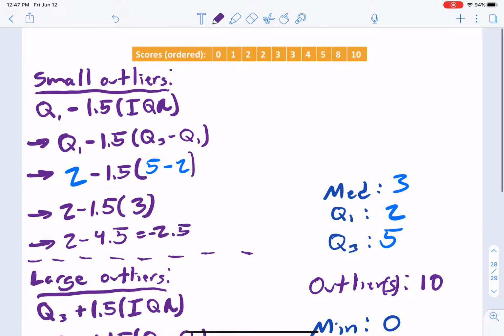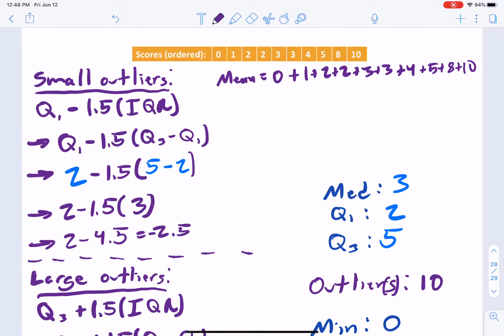So the mean, let's do this. 0 plus 1 plus 2 plus 2 plus 3 plus 3 plus 4 plus 5 plus 8 plus 10. Okay, let me get out my calculator real quick to do this.